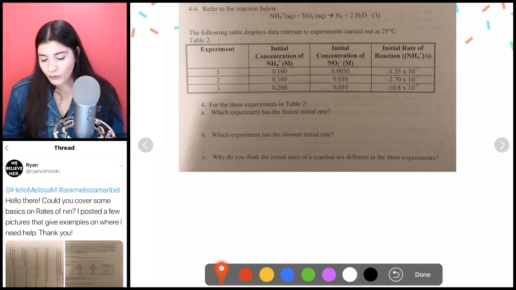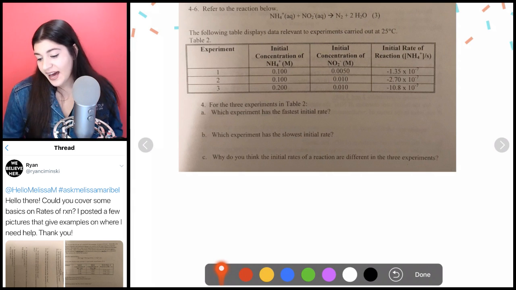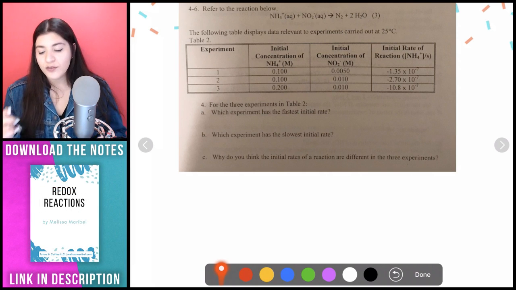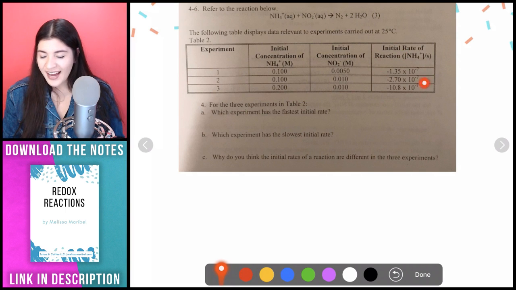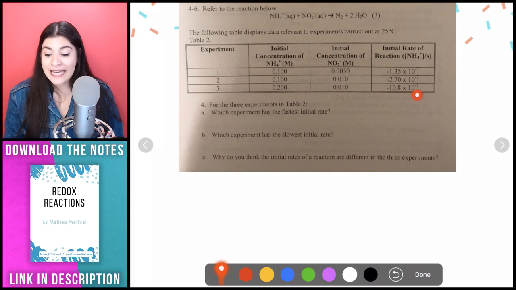With this type of question, the first part is just asking you which experiment has the fastest initial rate. And this is really just looking at what's going to be the largest number. In this case, it's a little bit counterintuitive because we have negative values and you would think, oh, this is the largest number. But no, actually, it's the smallest, right? Because it's negative.